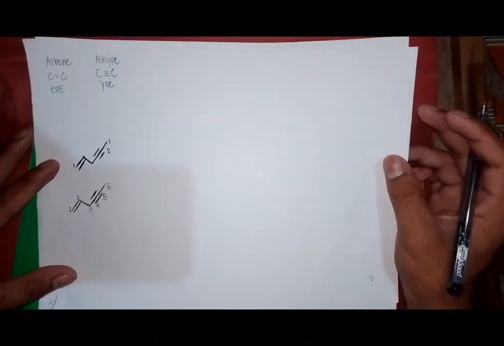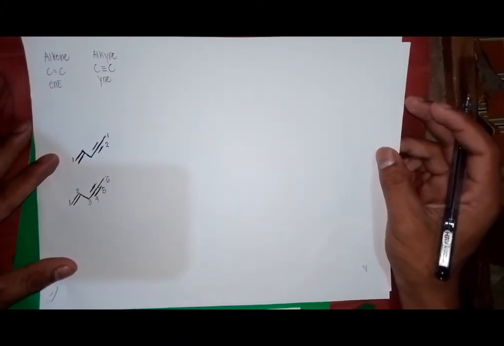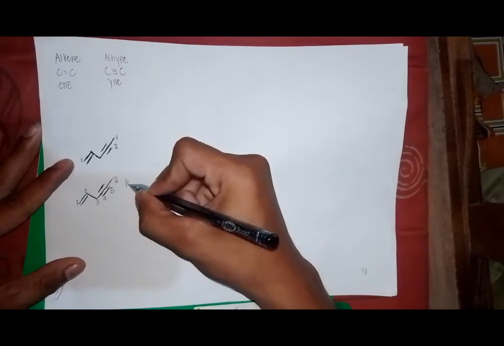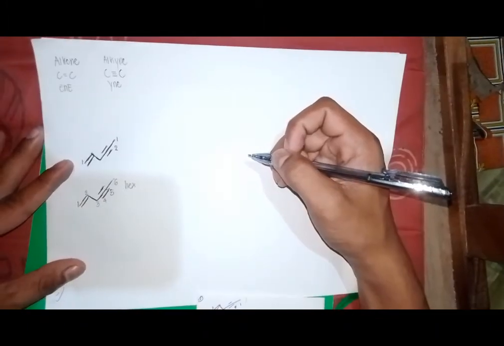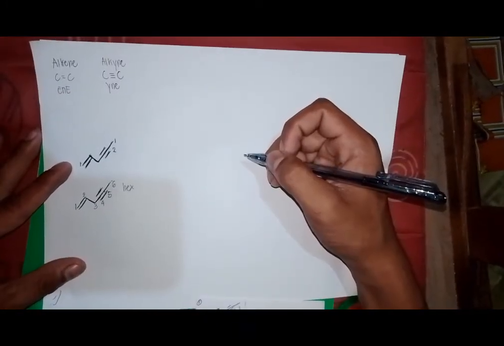Having 6 carbons in my chain gives me a first name of hex. Having both a double and triple bond, I get 2 names for this molecule.